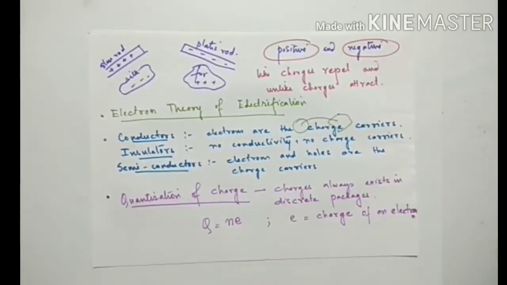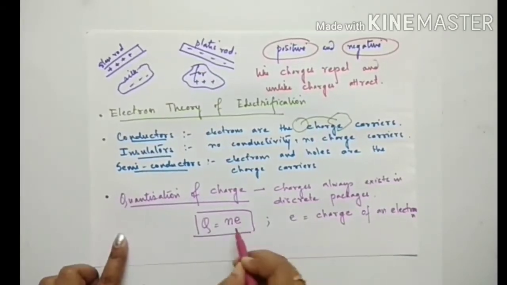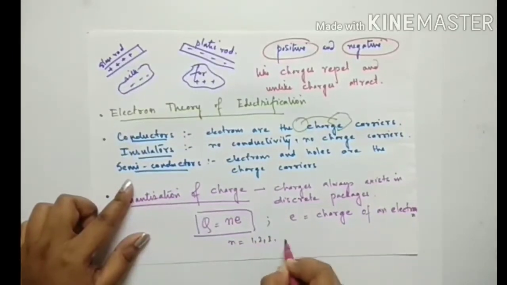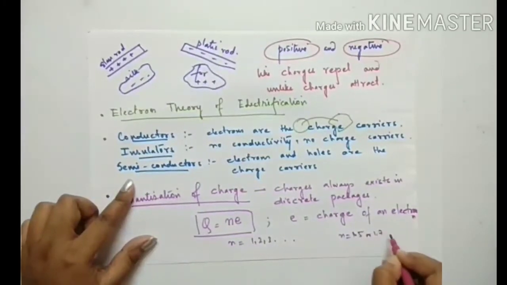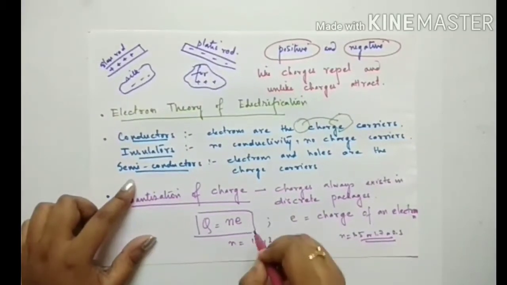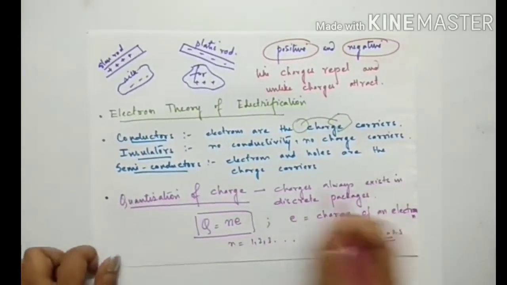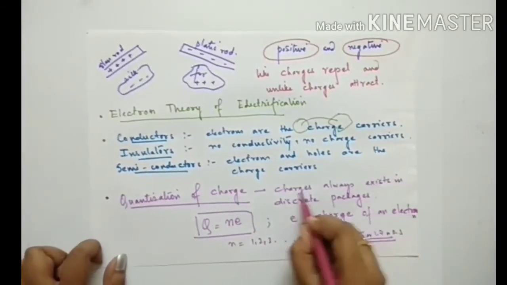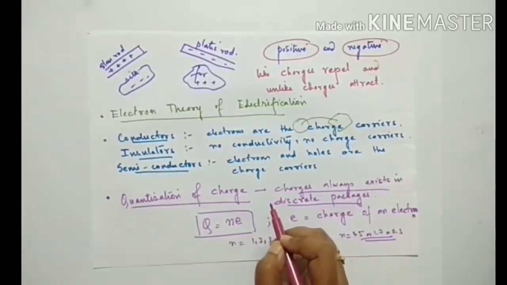All existing charges in nature are found to be n times e. n can be any value from 1, 2, 3 and so on. n cannot be a fraction like 1.5 or 1.7 or 0.3. It should be an integral multiple. So this is one of the important properties of charges: charge is always quantized and exists in discrete packages.